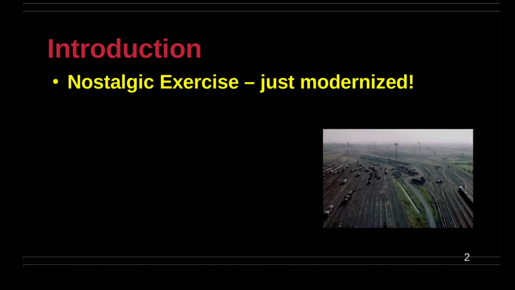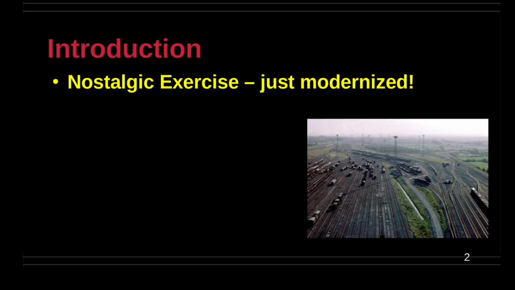This presentation is nostalgic for me personally. In college, when the Beatles were still together as a band, our class visited a large railway workshop close to the campus. We saw some automated marshalling of wagons in action.